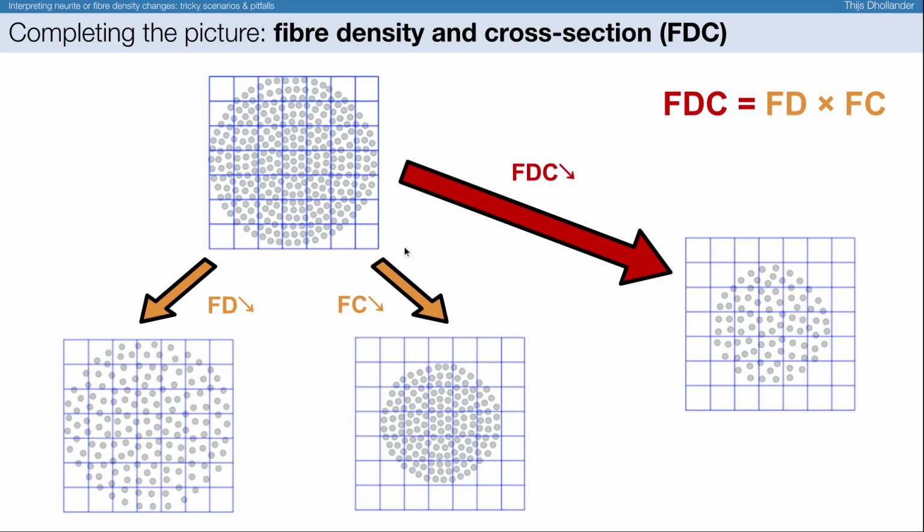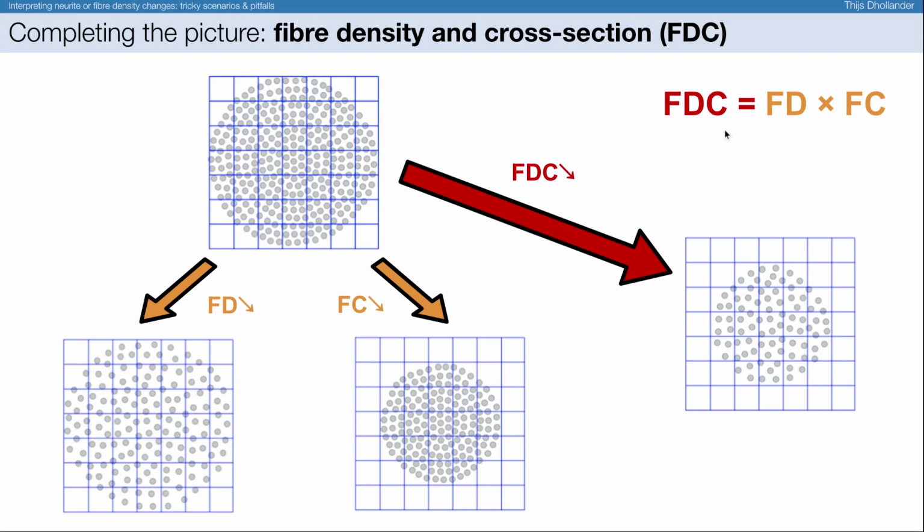However, don't be mistaken, even though here there was a decrease only in FD, it also counts as a decrease in FDC as well, because FDC is FD times FC. So if just one of these two goes down, the FDC also goes down. But if both of them go down, then the effects stack together.